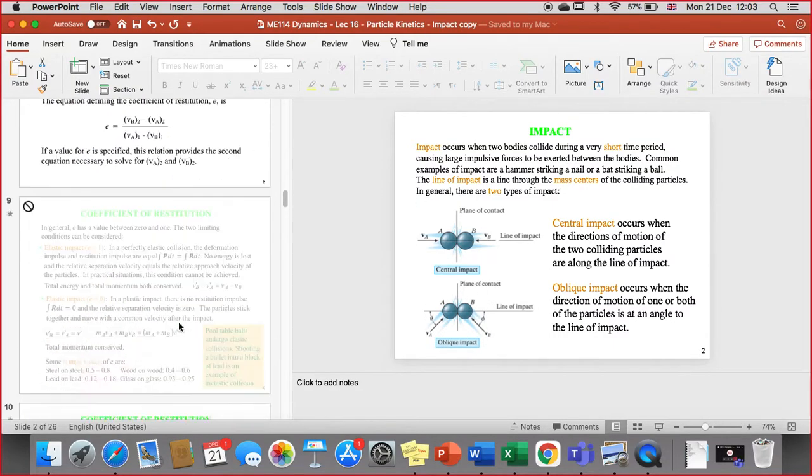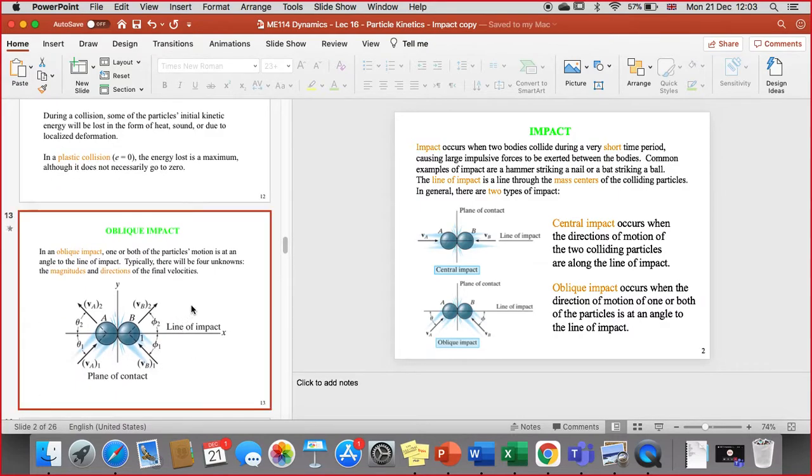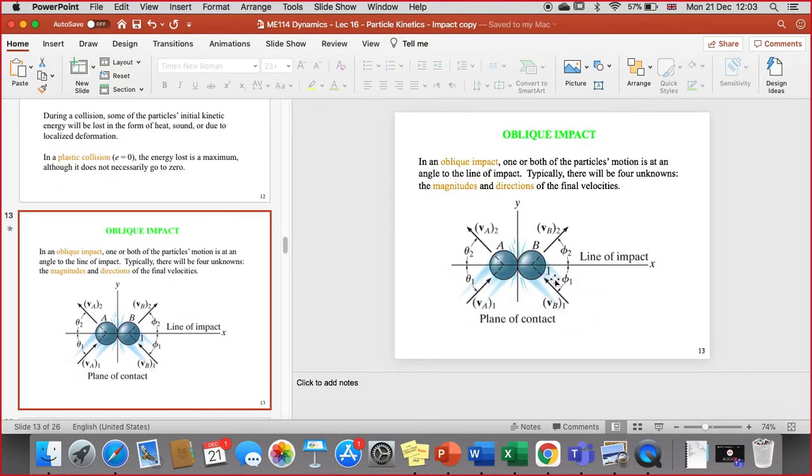What we did for oblique impact was that, because momentum is a vector quantity, we can break down the vector equation into its component scalar equations, the x and y components.